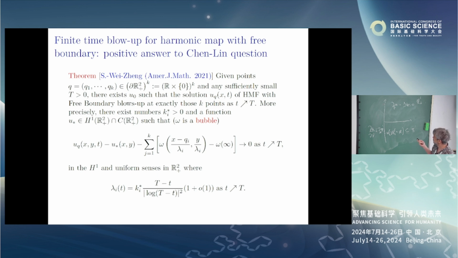So pick k points, whatever k is, finite, on the boundary, then you can cook up an initial data such that the flow is blowing up by geometric bubbling, so by rescaling in space and time, where lambda i is the rate, of an entire solution of the stationary equation.